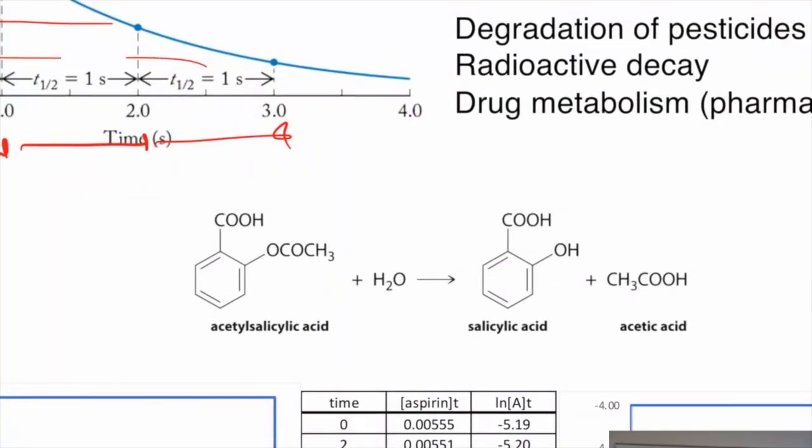That's just aspirin, isn't it? Yeah. Acetaminophen is something else. Well, you take some aspirin, and why is the dosing that you have to take it every 4 hours? Because it breaks down in your body. Here's the reaction that it breaks down, and the degradation of it in your bloodstream follows first-order rate kinetics.